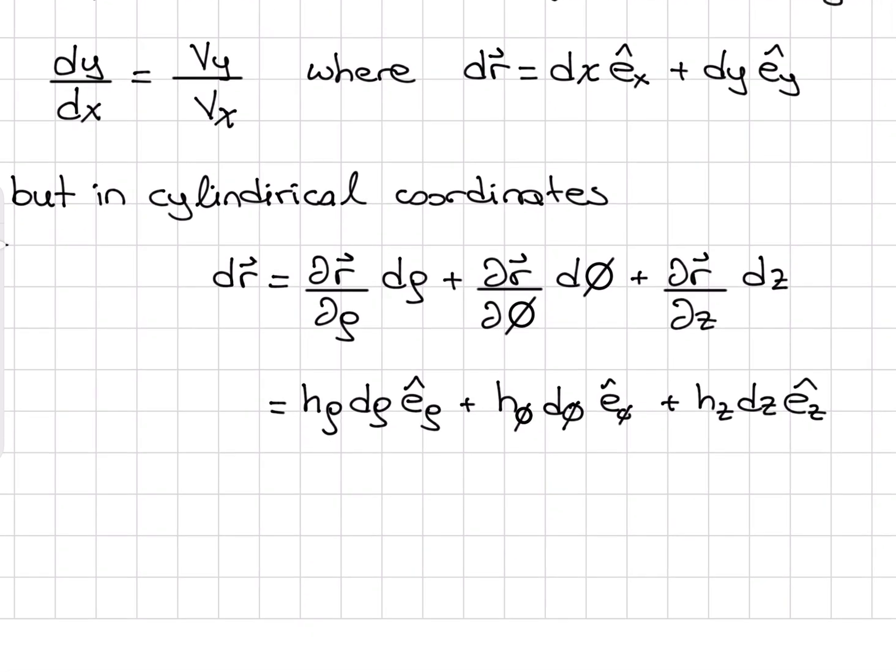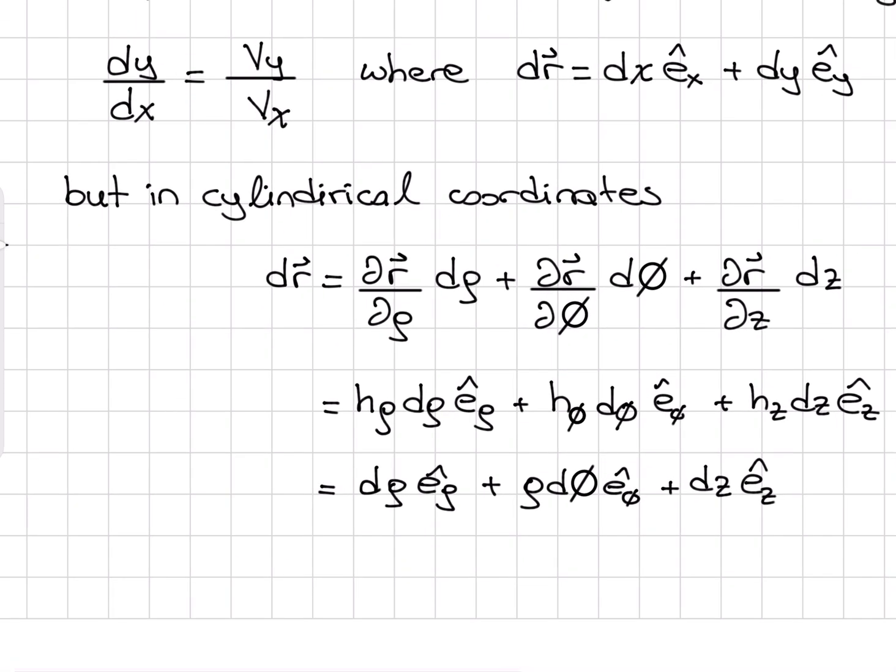We've already calculated these scale factors. H rho was 1, so we have d rho e rho hat. H phi was equal to rho, so we have rho d phi in e phi hat. And hz equal to 1, so we have dz ez hat.